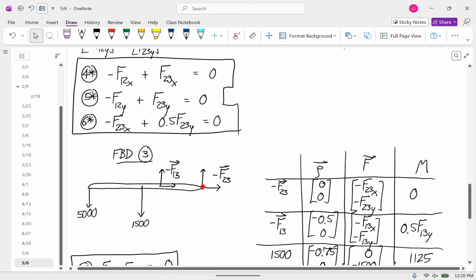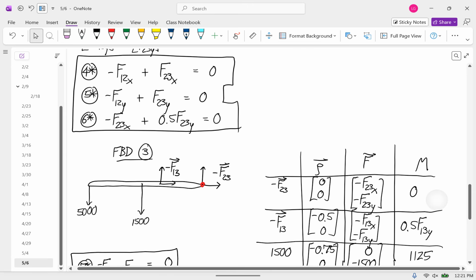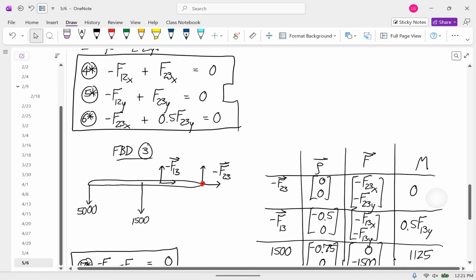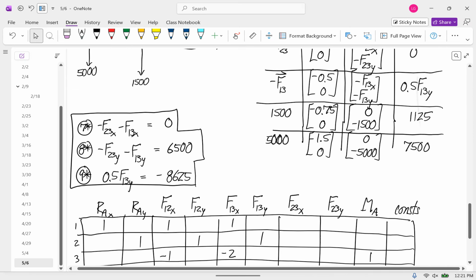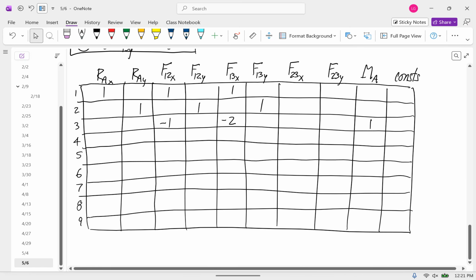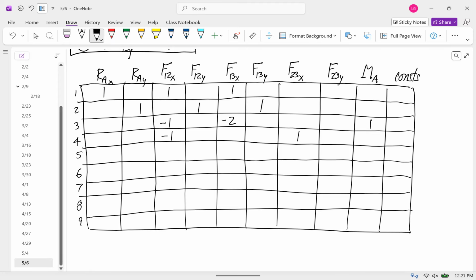And now we go to body 2. Equation 4 says, so it's F12X and F23X, -1 and 1. F12X is -1. F23X is +1.